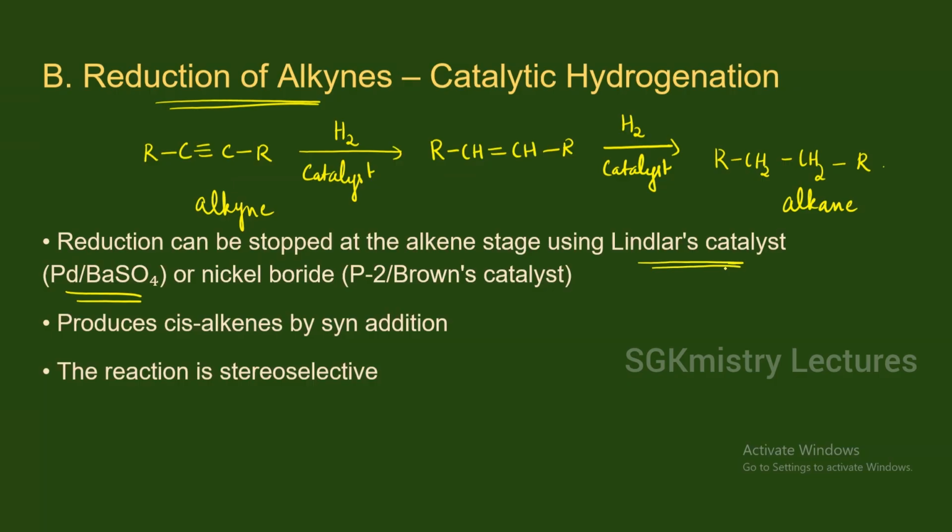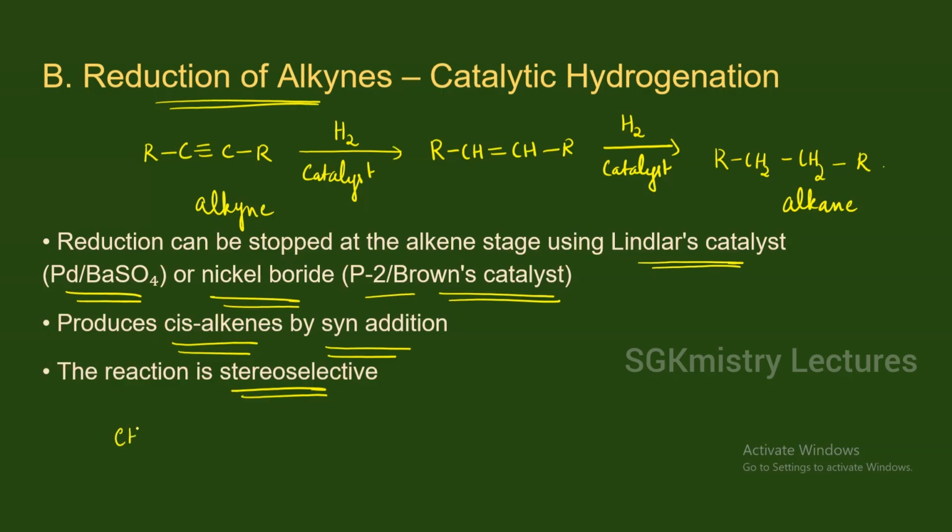Or you can also use nickel boride, that is P2, Brown's catalyst, also called P2 catalyst. So again, you can stop the reduction of alkyne at the alkene stage using any of these catalysts. Here it produces cis alkenes by syn addition, and the reaction is stereoselective because the syn addition takes place and you get the cis alkenes as the product.